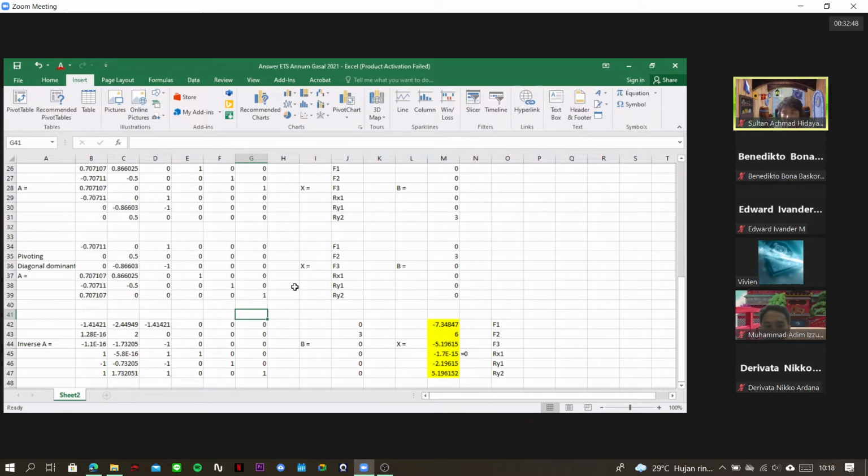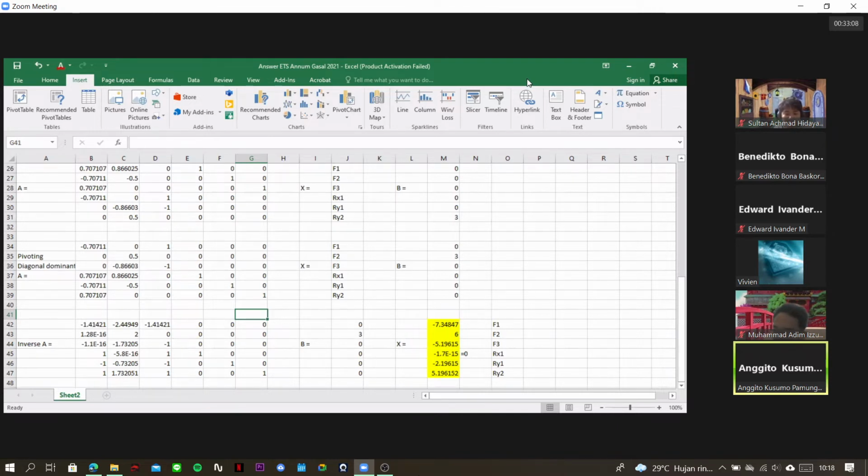All right. So is there any problem with this, for the third question? Excuse me, ma'am. In the pivoting for diagonal dominance, is it okay if the pivot is still not diagonally dominant?